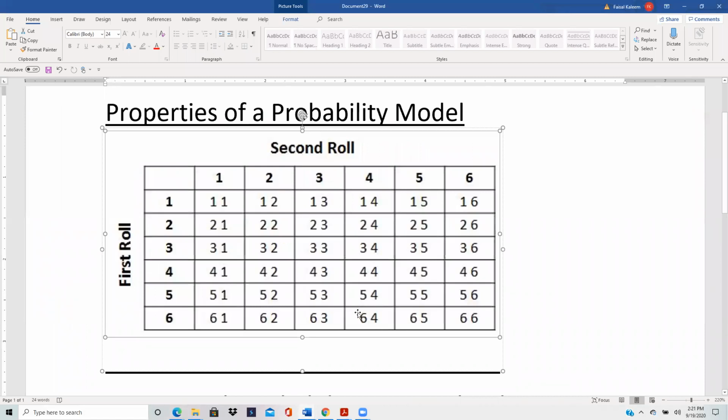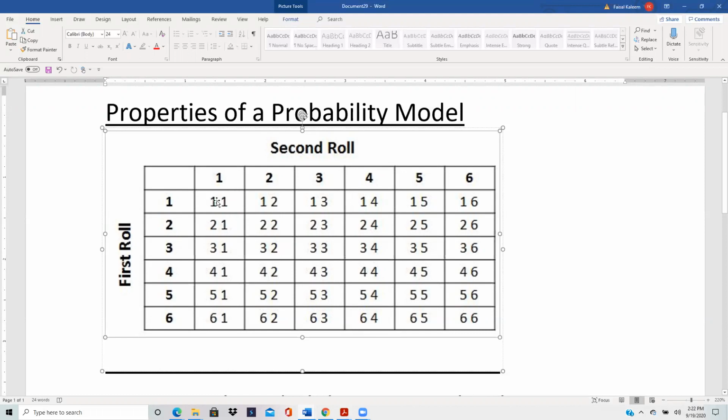So for example, rolling a 10 happens if you get 4, 6, that's a 10, 5, 5 is a 10, and 6, 4 is a 10. So there are 3 points that are giving you a 10. And then, for example, if we just look at the 2, there's only 1 point giving you a 2.